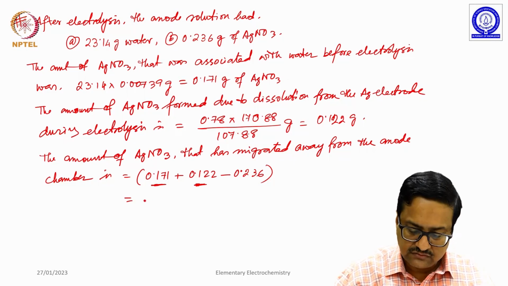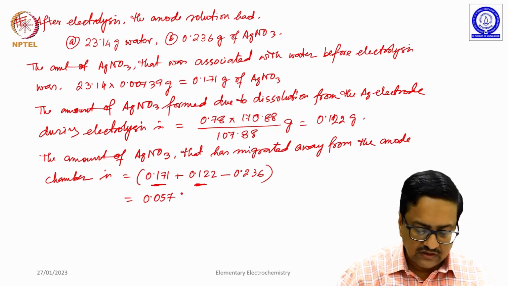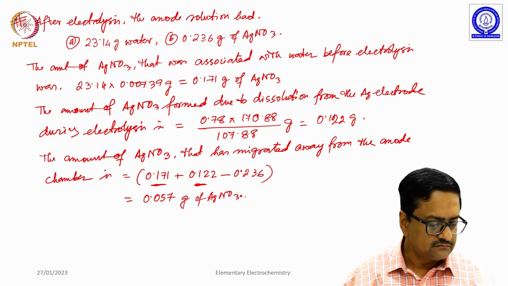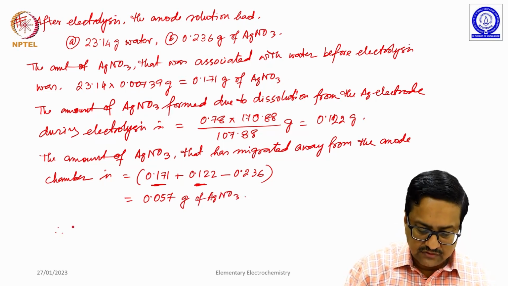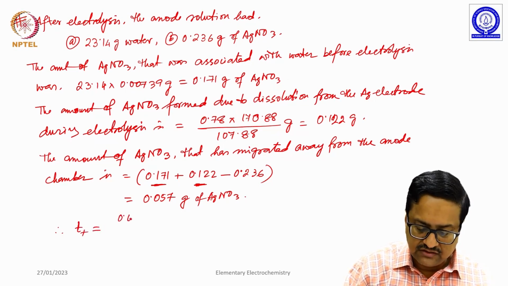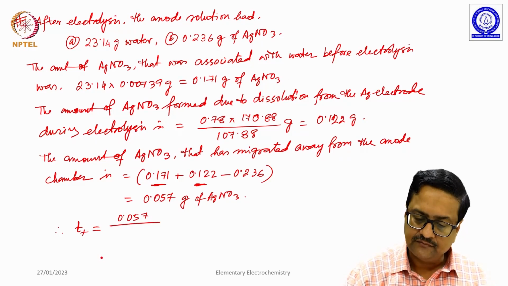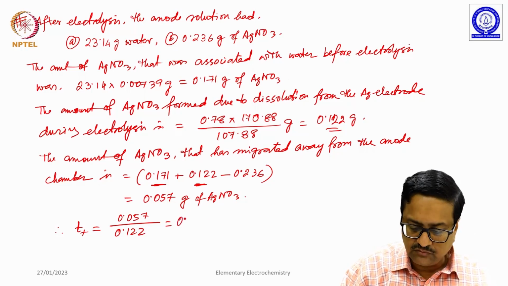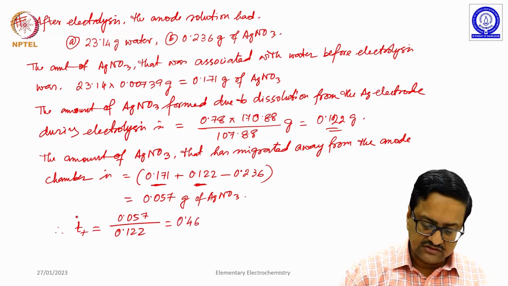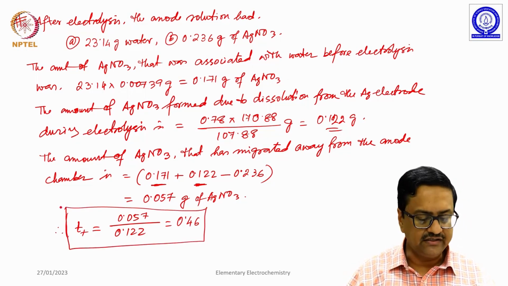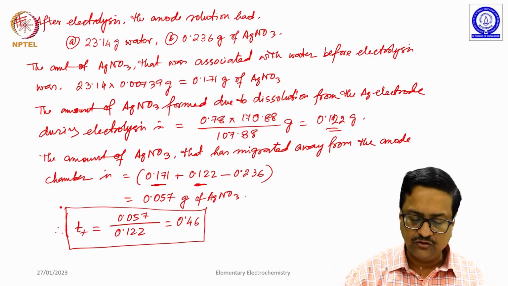So, this is total equal to 0.057 gram of AgNO3, right. Therefore, the transport number of Ag+ is nothing but 0.057 divided by this 0.122, which is equal to 0.46. So, this is how you can calculate the transport number of silver nitrate using the Hittorf's tube method.